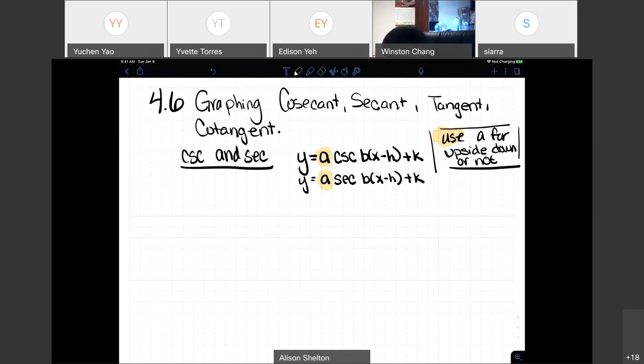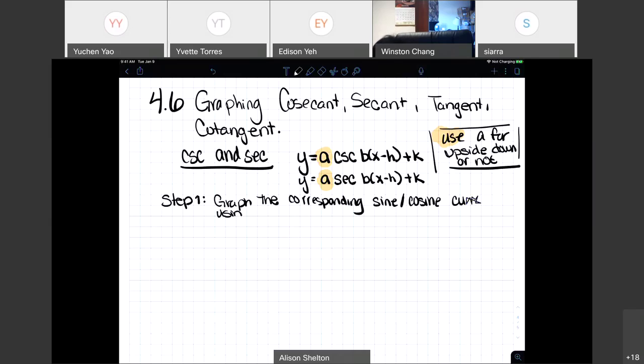And so the steps are going to be to graph the corresponding sine or cosine curve using dotted lines.